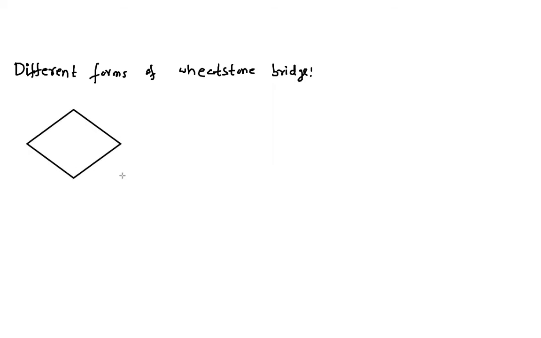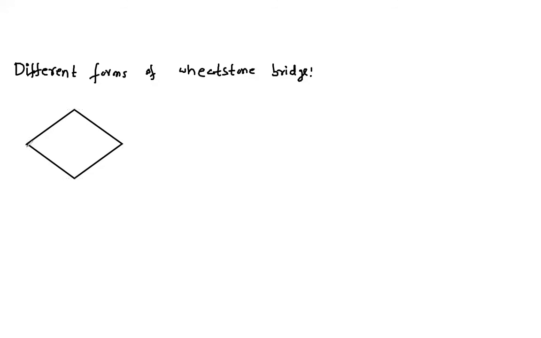Different forms of Wheatstone bridge. You can modify the numerical a little bit. So this is the standard Wheatstone bridge. You can make it using a capacitor or a resistor.